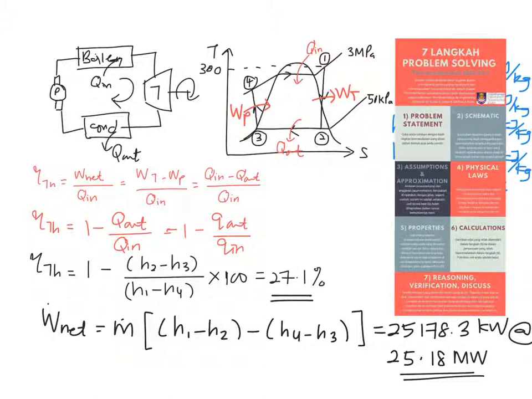Okay. So this is why in later chapters you will see that this simple ideal Rankine cycle is going to have a few modifications, right? Where we name them reheat Rankine, and then we are going to have regenerative Rankine, so that we are going to improve this thermal cycle efficiency.